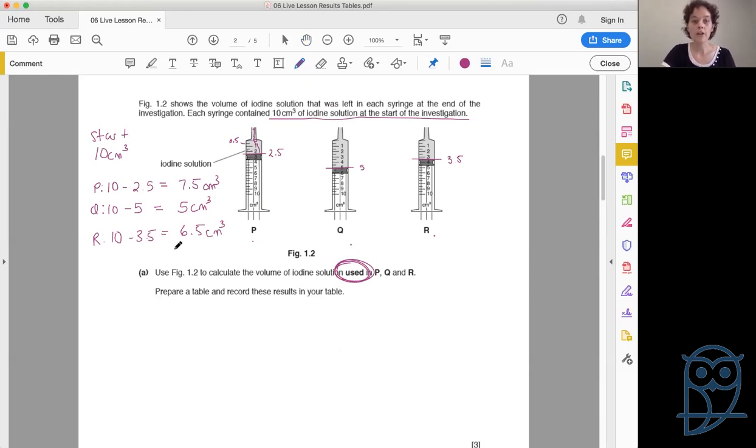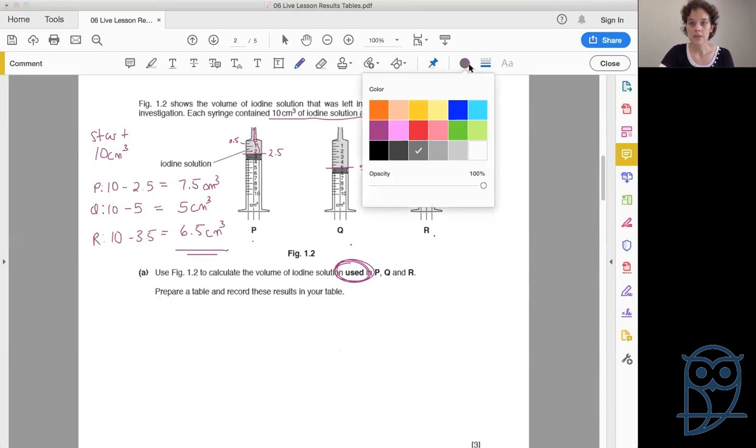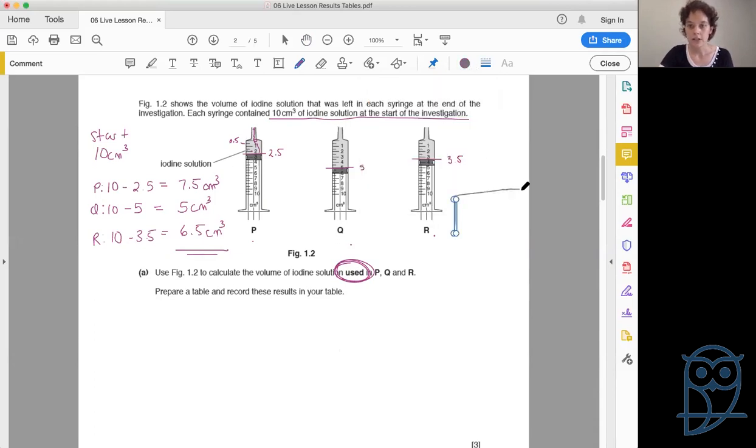Right, so here are the results that we have calculated. Now we want to put them into a table. So what is nice is to pick up your pencil and actually give yourself a little bit of time here to think about what is in my table. Okay, so we have our veg juice extract, and then we have our iodine used in centimeters cubed.